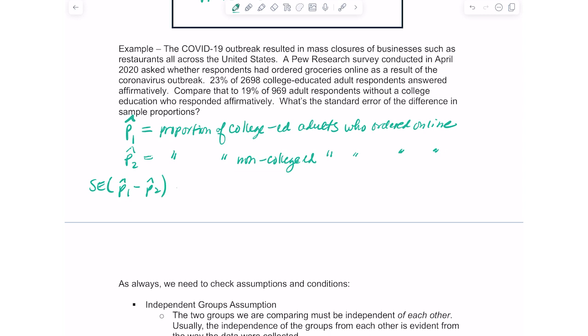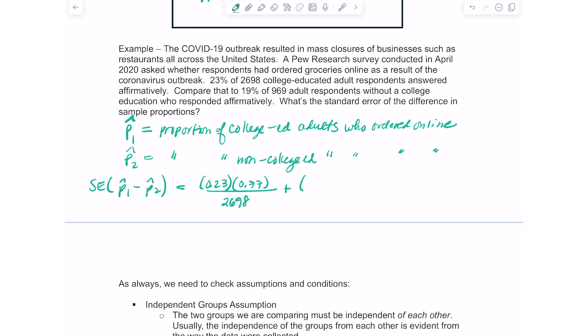So I'm going to take p hat 1, which in this case is 23%. I'm going to multiply that by q hat 1, which is 1 minus 23%, or 0.77, and then over the sample size for the college-educated adults, which is 2698. Plus, I'm going to do the same thing for the non-college educated adults.